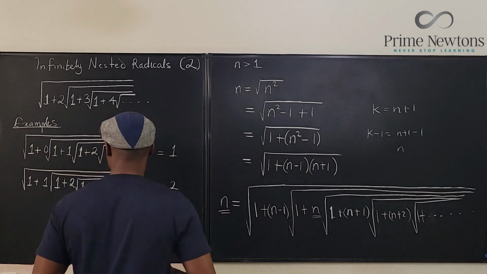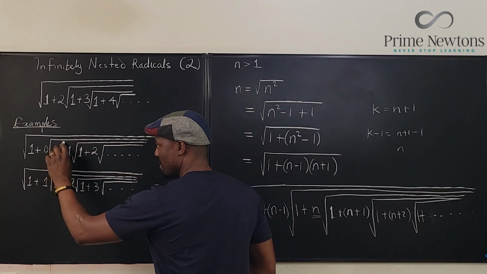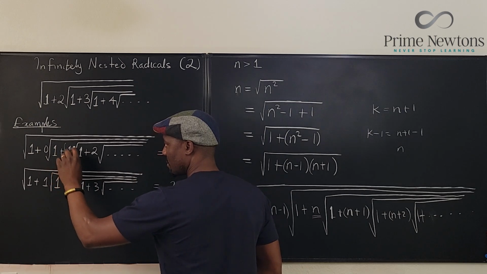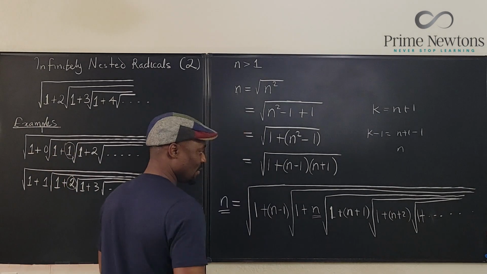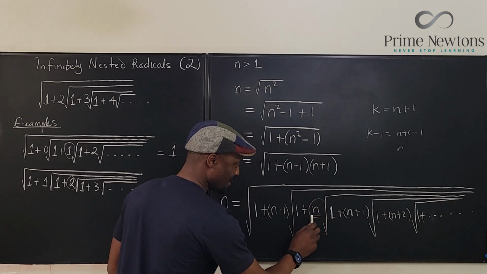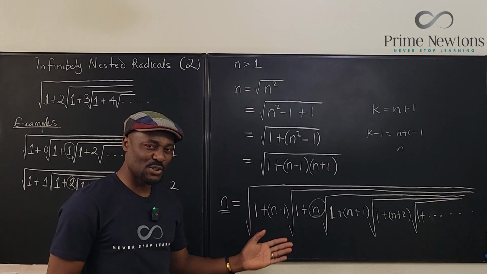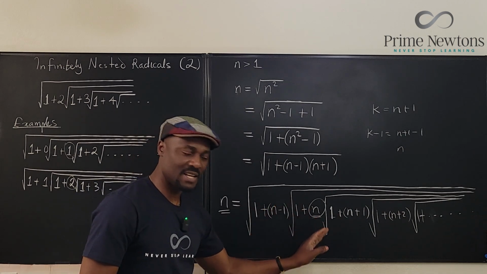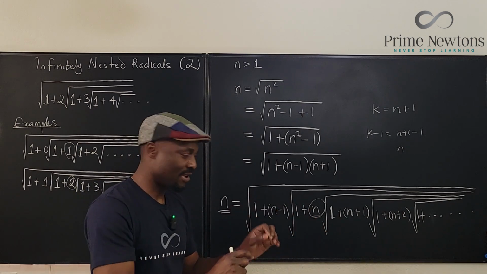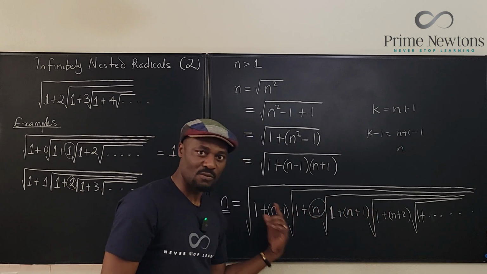You notice that the solution to our problem is showing up here, and that is where this n is. So when you get a radical that looks like this, just pay attention. As long as you have positive signs and there is a gradual, unit increase every time here, and you have 1, 1, 1.